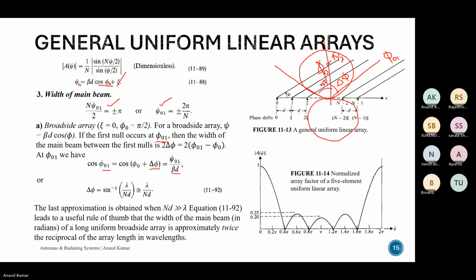I'm making a mistake somewhere, but anyway, cos of phi 0 plus delta phi, and phi 0 is pi by 2, which implies this is sine delta phi.